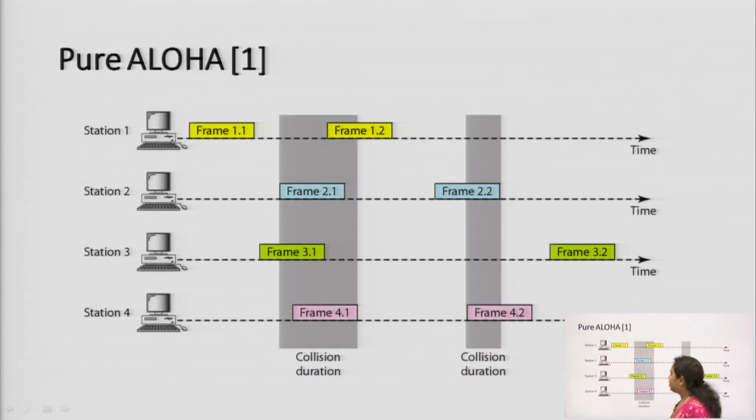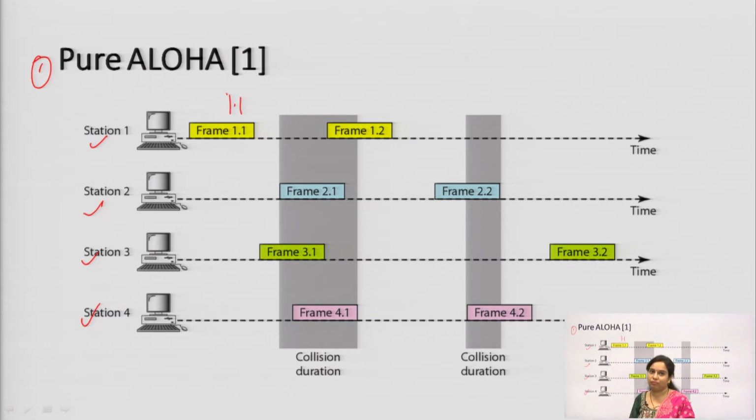So, this is the first kind of Aloha that we have seen, and there are 4 different users connected in this network, denoted by stations. This is station 1, then station 2, station 3 and station 4. So, 4 stations are there. These are going to transmit the data in the form of frames. Since this frame is related to the first station, it is written as 1.1, nothing very specific about it.